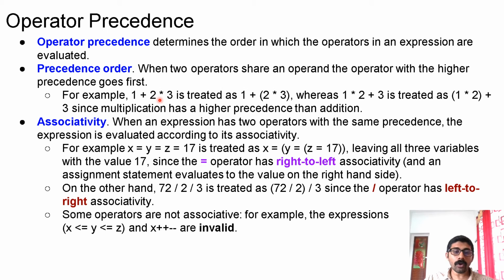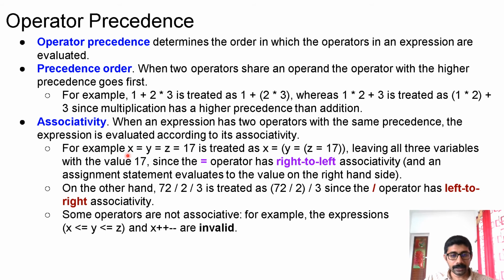Consider a case where all the operators have the same priority. In that case, precedence order will not help you to resolve the ambiguity in the expression evaluation. In that case, you have to rely on associativity. When an expression has two operators with the same precedence, the expression is evaluated according to its associativity.